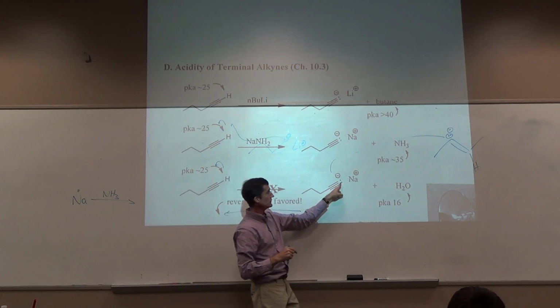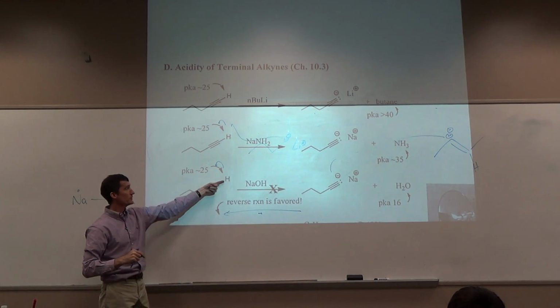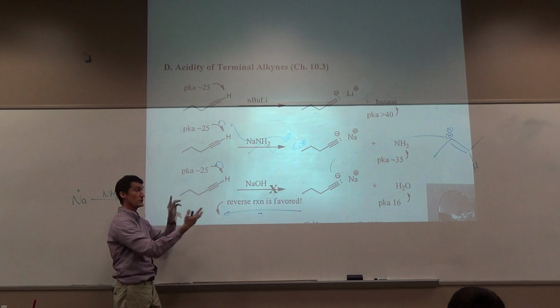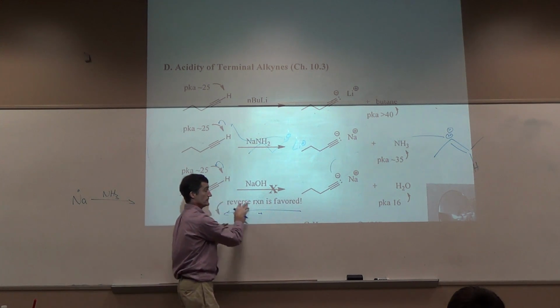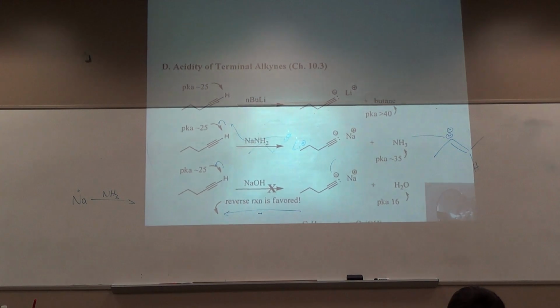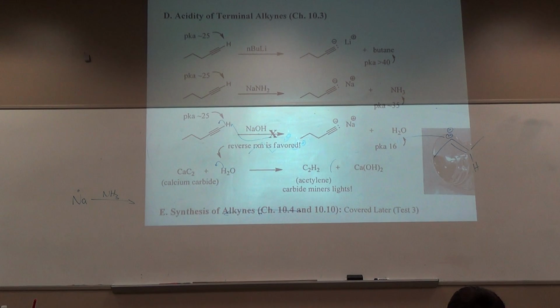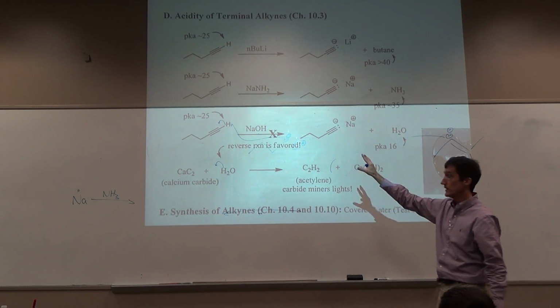That is, if you put your carbanion in water, it's no longer going to be a carbanion, you're going to protonate it. So that's the reverse. The reverse is favored.